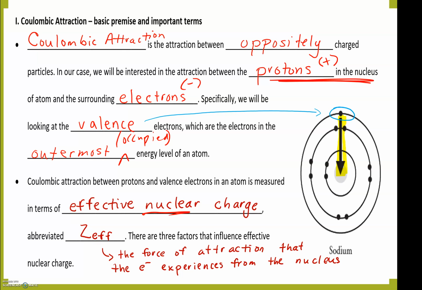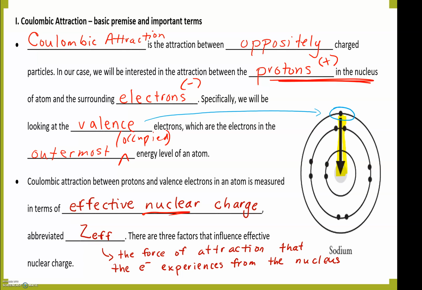So we know that effective nuclear charge has to do with the pull on the electrons that is caused by the protons that are in the nucleus. Effective literally means to what extent or to what effect it has on the electrons, specifically the valence electrons. It is abbreviated Zeff, Z standing for the nucleus, and then the eff subscript is an abbreviation for the word effective.